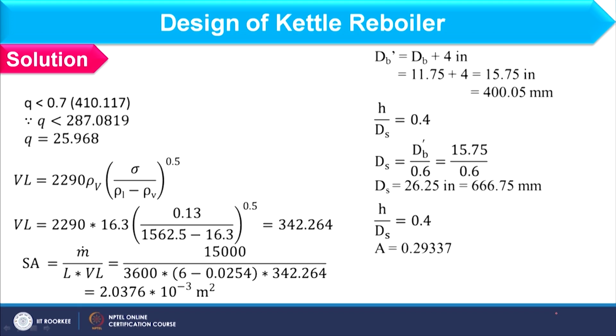Okay. So, we should find the critical heat flux limit, and that should be 0.7 into 410.117, so 287.0819, and the system flux is this, which is 25.968 kilowatt per meter square. So, you see the condition is satisfied here.